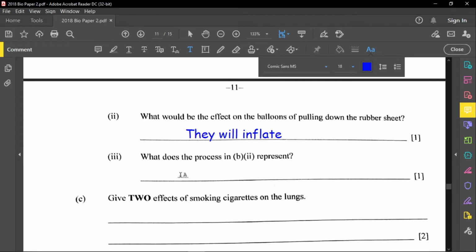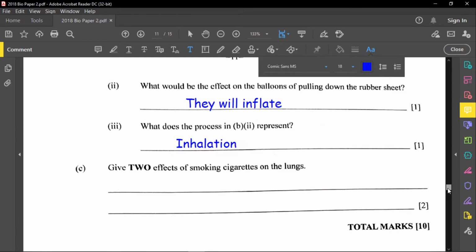Because the balloons become inflated, it is representing inhalation. That means air is going into the body, right? So inhalation or inhaling. Next, give two effects of smoking cigarettes on the lungs. If you smoke cigarettes, what effects will it have on the lungs?